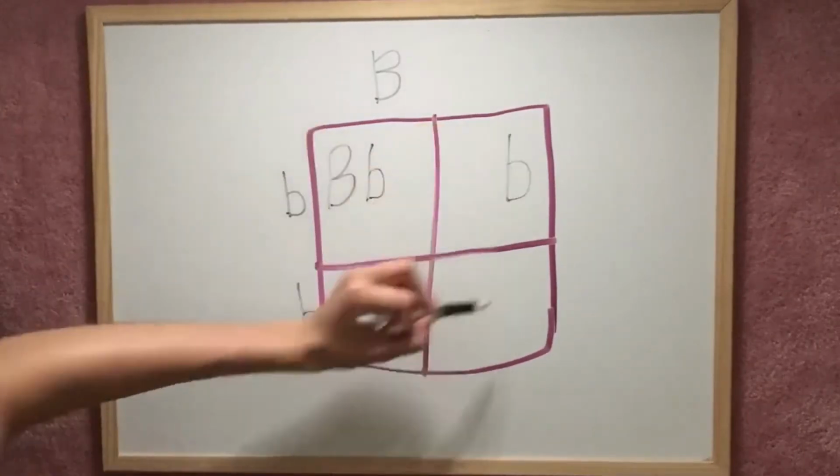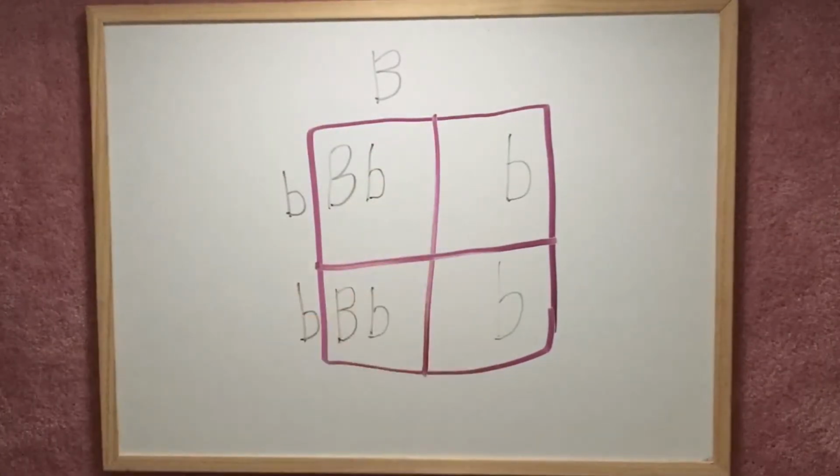Okay, so your daddy had a big B because he was brown, but I don't know the other letter. That's okay. Let's just fill in the Punnett square like normal and leave one allele spot blank. Okay, then your mommy had 2 little B's because she had blue, which is recessive.